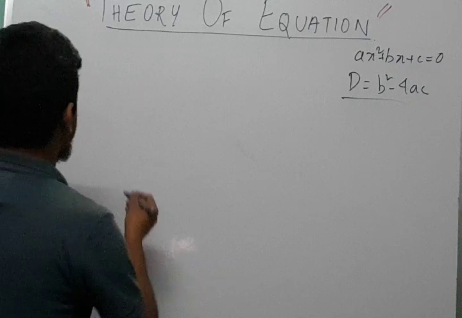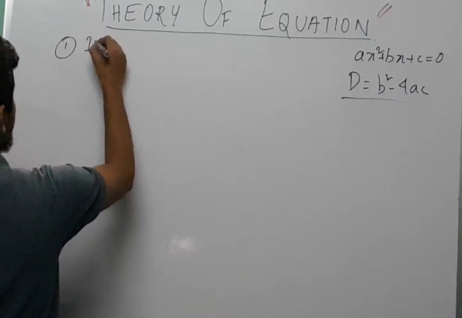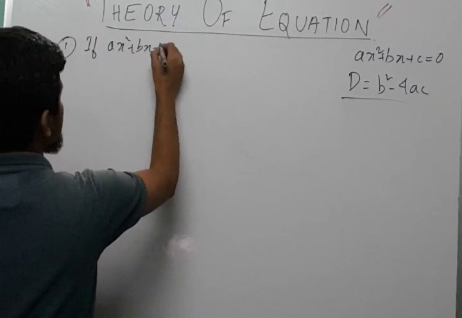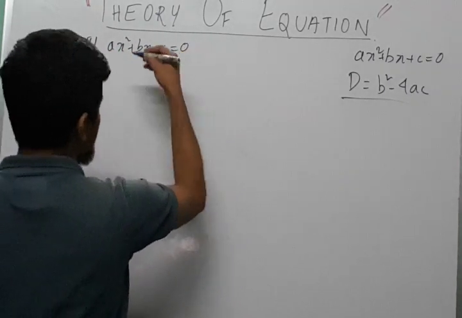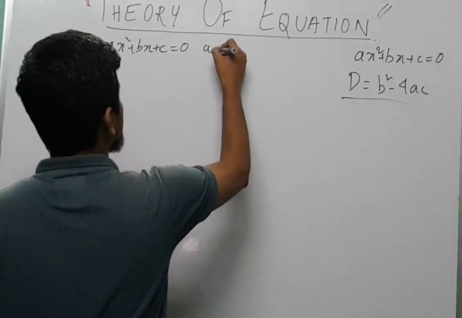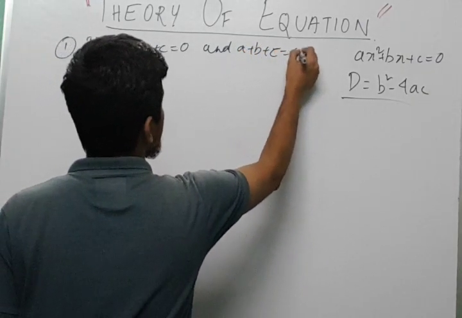Now the thing that I want to talk about is that suppose ax squared plus bx plus c equal to 0 is the quadratic equation that we are dealing with, and a plus b plus c is equal to 0.